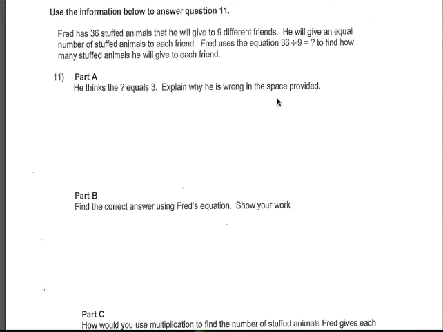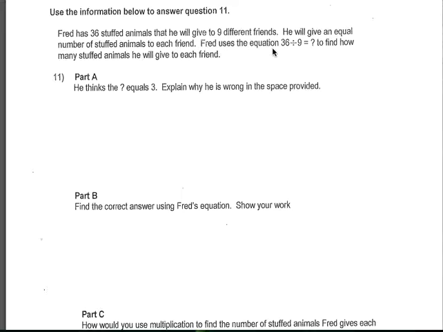Number 11. We're going to use the information below to answer the question for number 11. Fred has 36 stuffed animals that he will give to 9 different friends. He will give an equal number of stuffed animals to each friend.